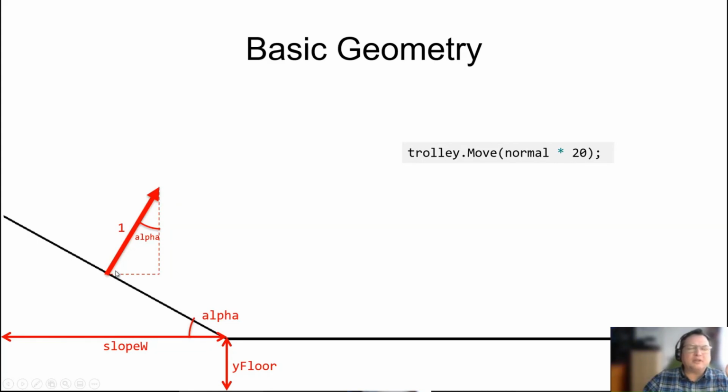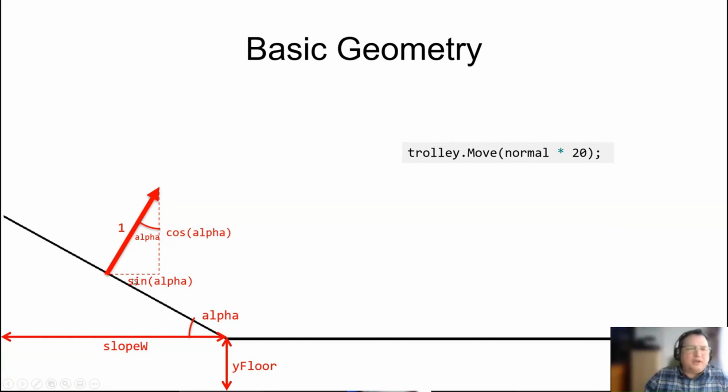Opposite divided by 1 is opposite. Okay, so opposite is sine alpha, and cosine alpha is the adjacent divided by hypotenuse, so adjacent divided by 1, so cosine alpha is the adjacent. So it's just sine alpha, cosine alpha here.